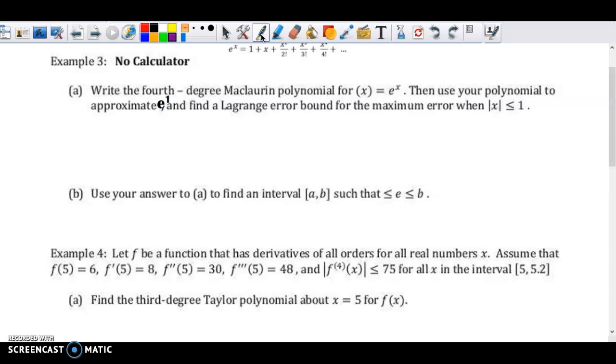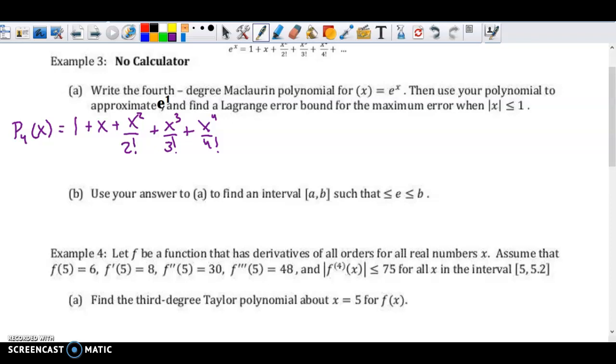So once again, this is one of those ones that we want to memorize. And e to the x is kind of simple because it just goes right in order. And 4th degree means 4 derivatives. So for this one, that actually does go up to 4. And we want to approximate e to the 1.